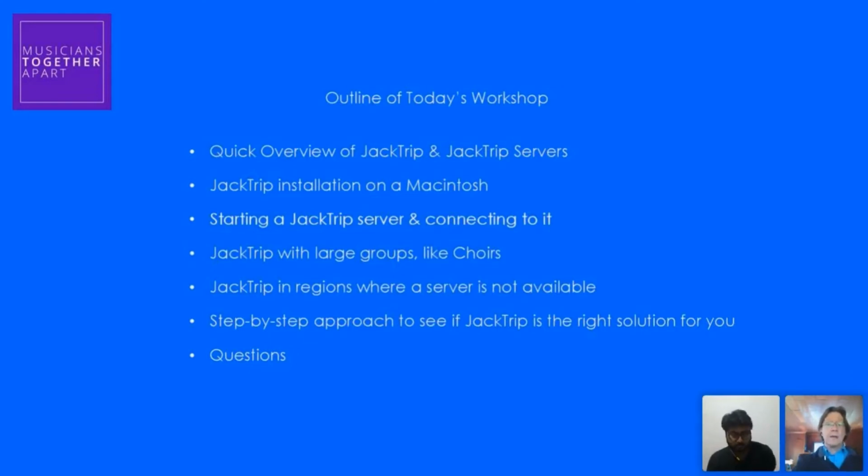So we'll talk about that. And a lot of people are in regions further away from the current servers, so we'll talk about options for that. And then a step-by-step approach to see if it's the right solution for your needs, because there are so many variables, and we don't want to see anybody investing a huge amount of time or expense and then finding out that the network doesn't match the needs.